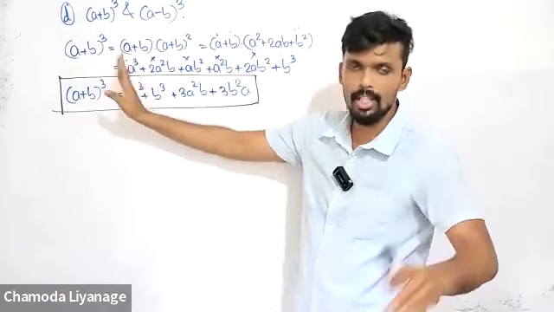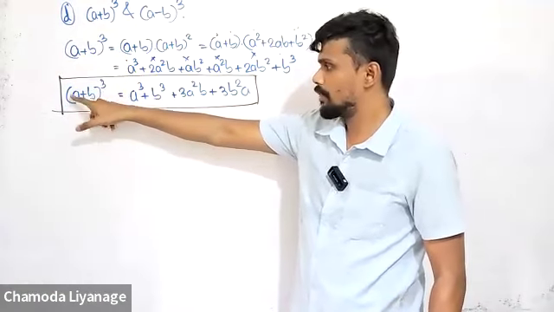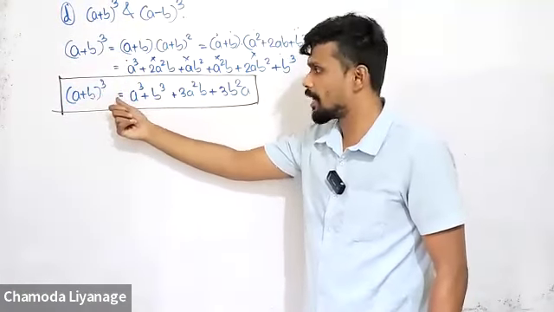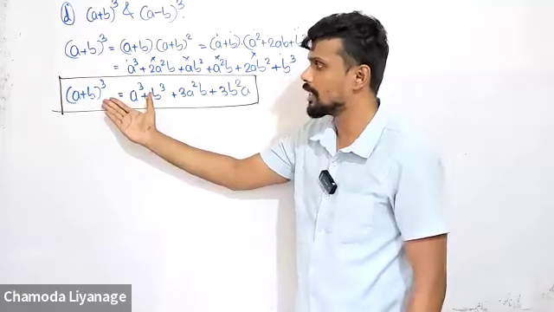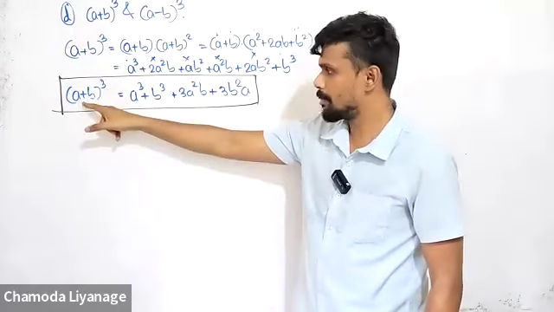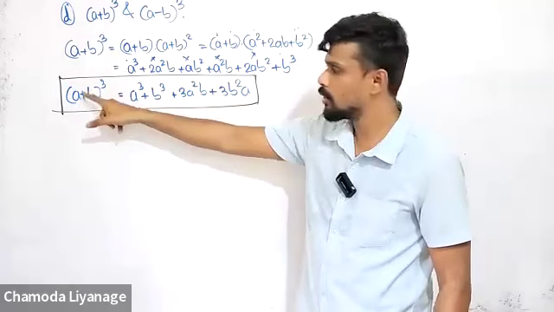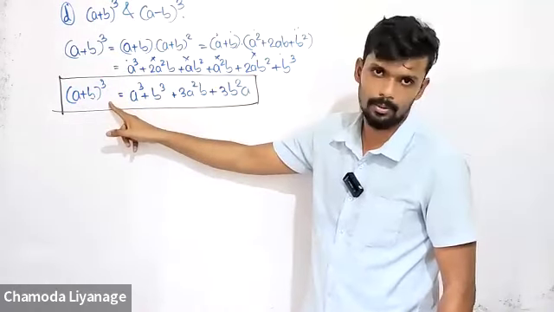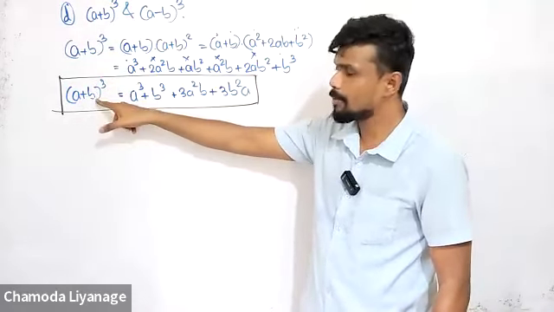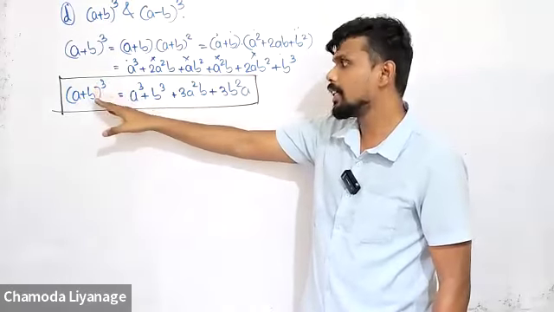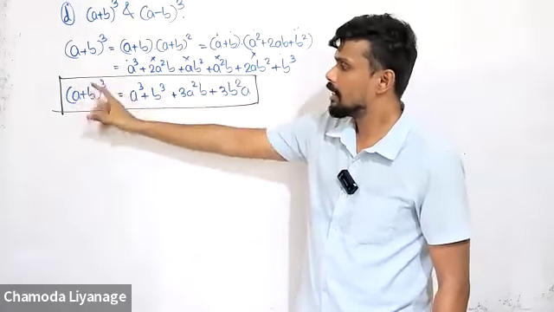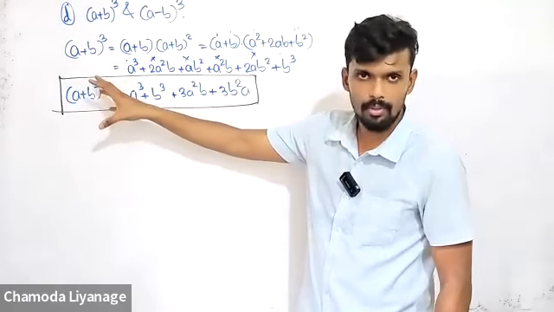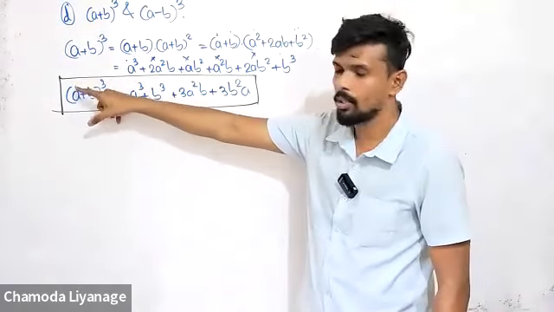Not ba, b squared a. First a squared b. If there are some other terms, you have to consider them also. That means if there is a c term, you have to write a squared c also, right? After that, come to b, and here you have to consider all other terms with b squared into a.